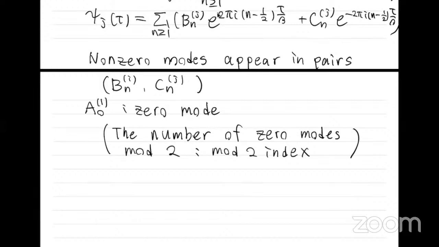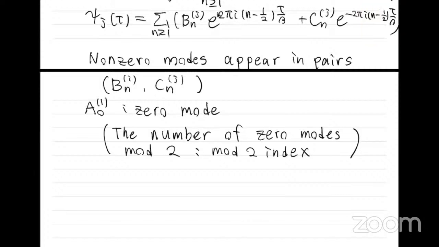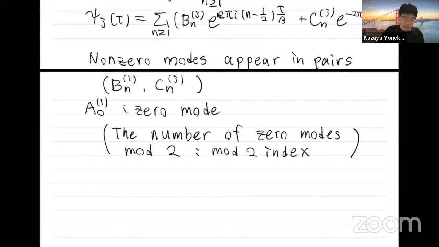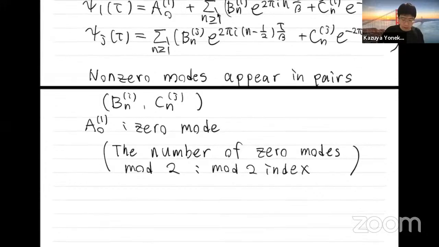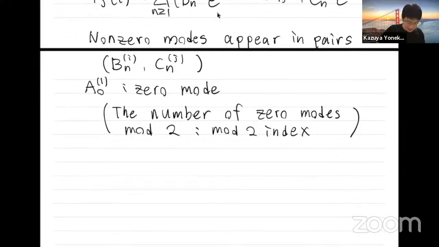I understood that this is a mode expansion, but physically, like in a condensed matter system, what does it mean? I want to discuss the Euclidean path integral, so let me first write down how they appear in it.